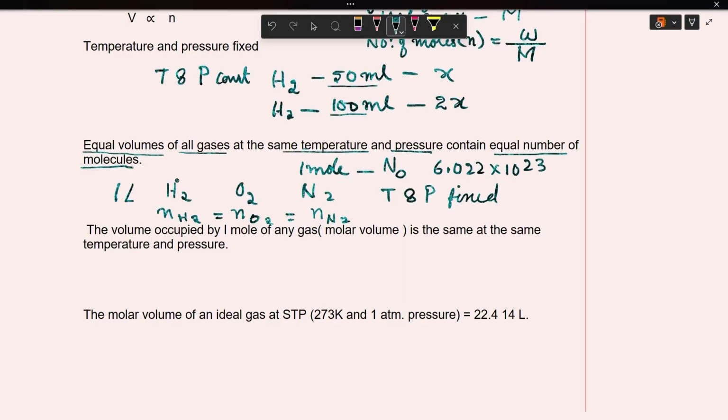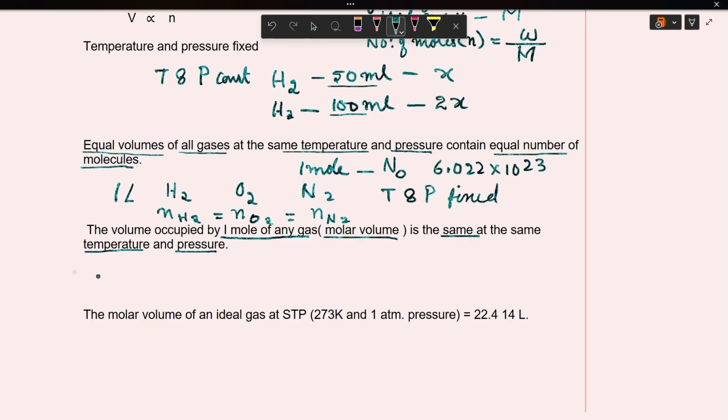Another consequence: the volume occupied by 1 mole of any gas is known as the molar volume. So, if I take 1 mole of any gas under the same conditions of temperature and pressure, the volume occupied by 1 mole of any gas is the same.